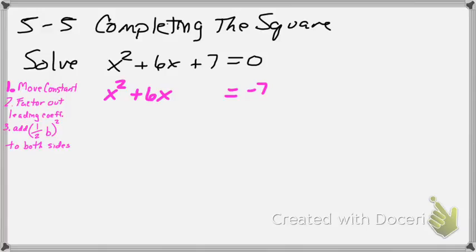Half the b term squared is painted on the wall over there under the air conditioner. So we're going to add half of b squared to both sides. Half of the b term squared is 9. And so we're going to add that to both sides. Whatever you do to one side, you have to do to the other. So we add 9 to the left, and we add 9 to the right.